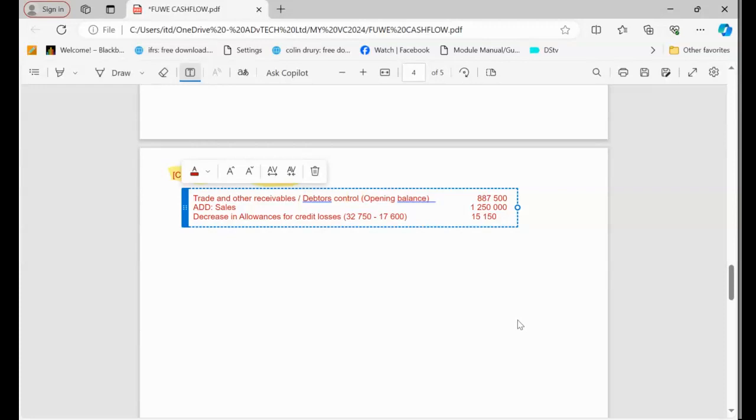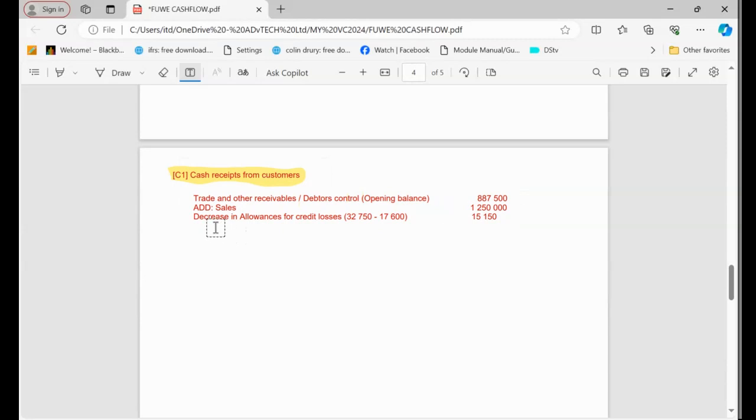The reason I'm doing that is because someone will see the word decrease here and think it must be a minus. So the decrease here is a good thing. Next time, if it is an increase, you're going to put brackets. Don't forget.